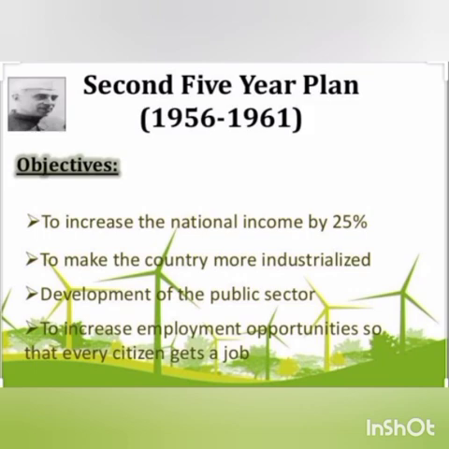Huge dams like Bhakra, Nangal, Damodar, etc. were built to make water available for agriculture. It led to increase in the national income. So this is the second 5-year plan.